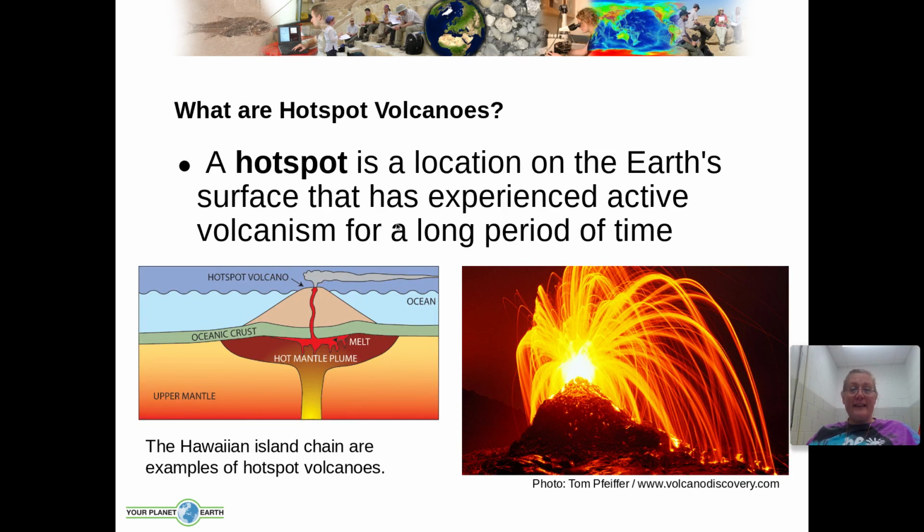So, a hotspot is a location on the Earth's surface that has experienced active volcanism for a long time. Where this weak spot is, there's a hot mantle plume, which actually causes the oceanic crust to melt, and you create the volcano. The Hawaiian Islands are the example of hotspot volcanoes.